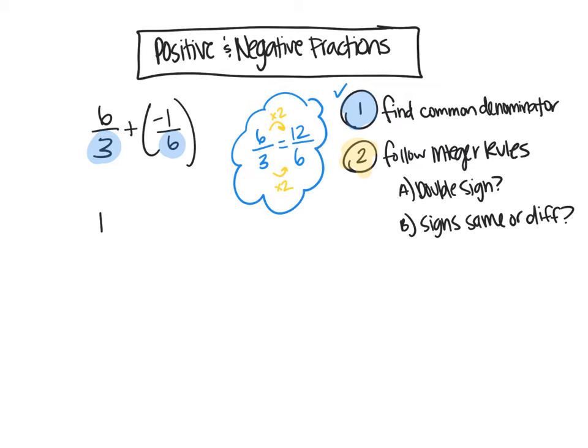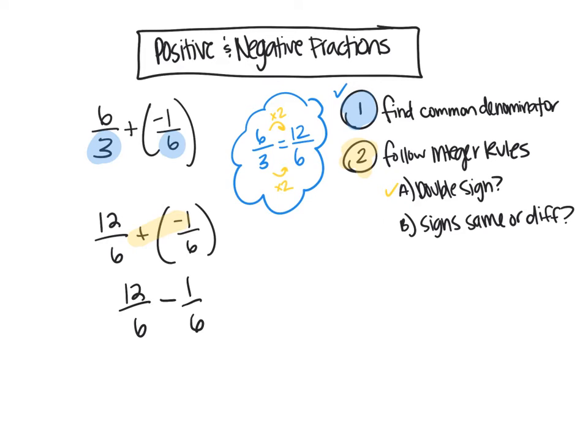I rewrite the problem with my common denominators. Now I'm asking myself, are there any double signs? And there are. My double sign is here. I rewrite the problem without the double sign. Oh, I started using the highlighter again. 12/6 minus 1/6.